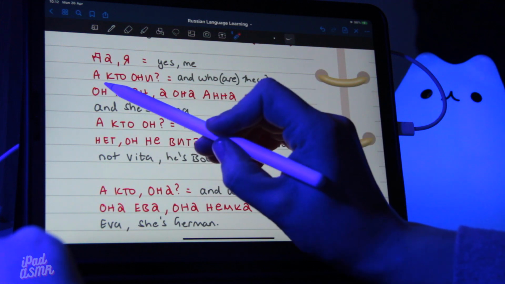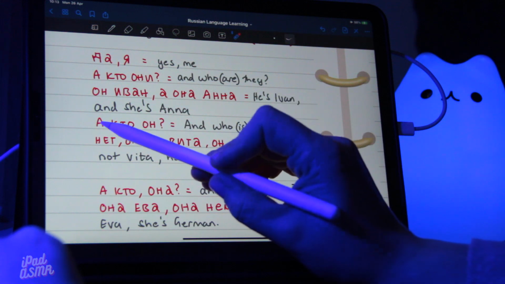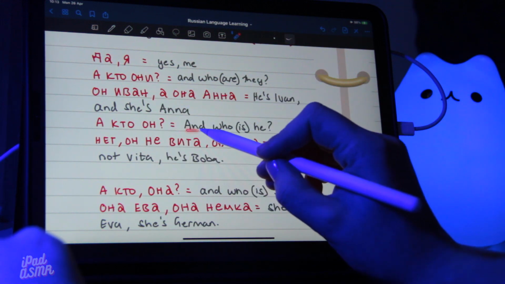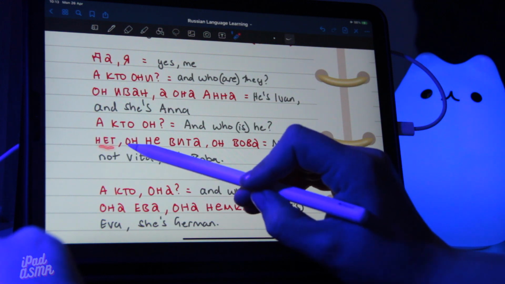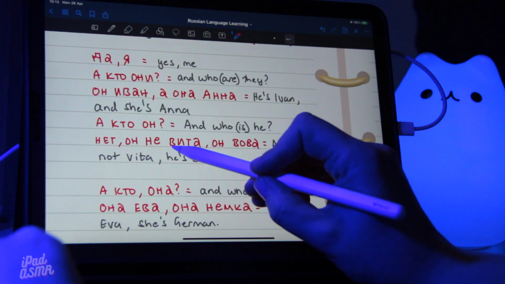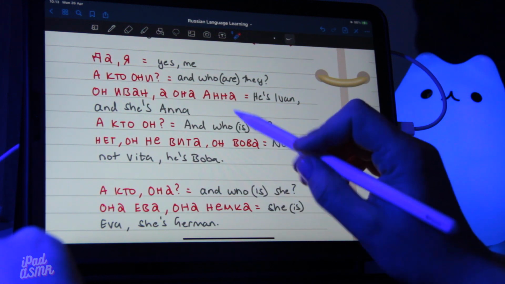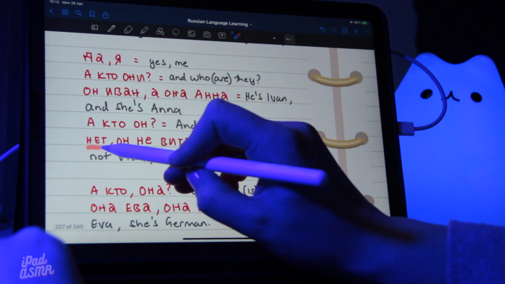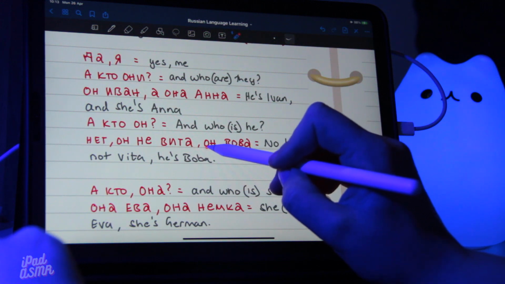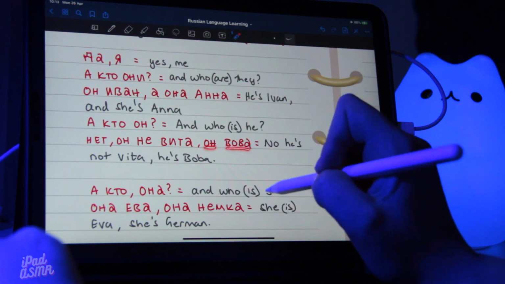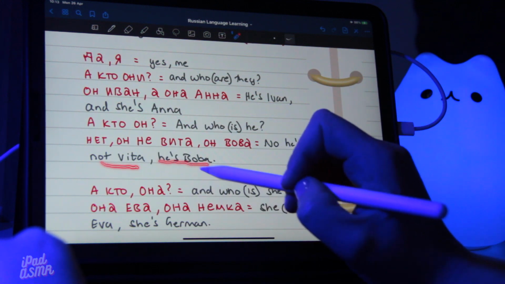Gde on? Sorry, I was saying that it's on. And who is he? Net, on ne Vita, on Vova. No, he's not Vita, he's Vova.